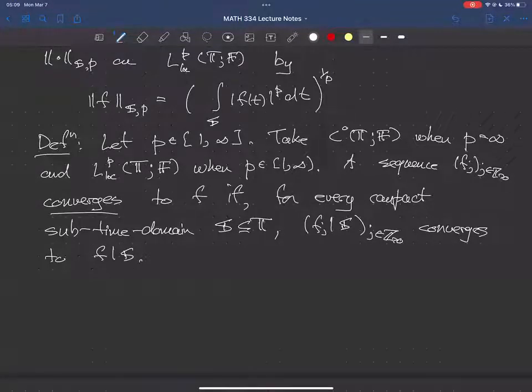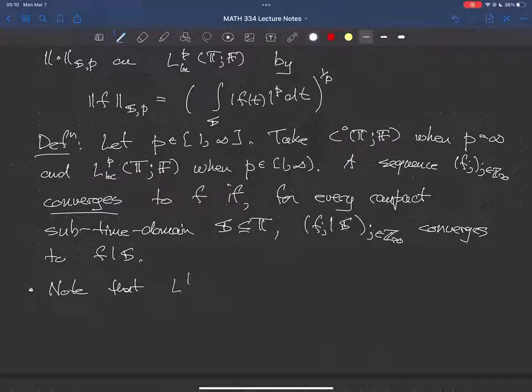Now, in the continuous time case, there are some things you need to keep in mind that don't arise in the discrete time case. So let's first make sure we understand what these spaces L^p_loc look like. The C0 space, we're kind of okay with that.